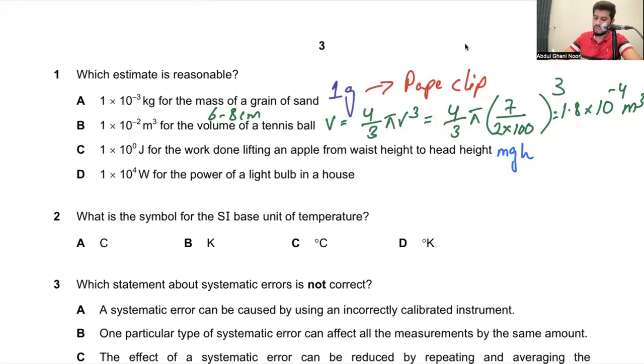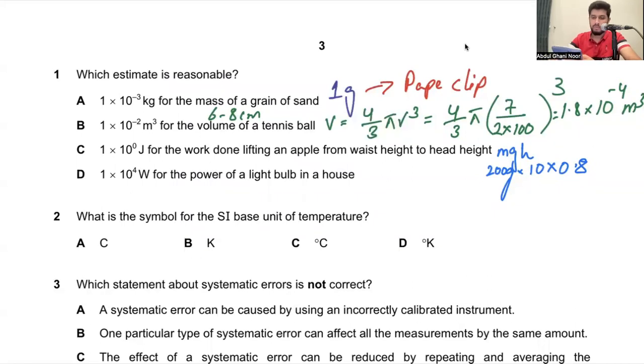So mgh, let's say the mass of an apple is 200 grams. The value for g, let's take that as 10. And the height, even though it would be less than 1 meter, let's take it as 0.8 meters, if you think that's a fair estimate for the height from the waist to the head.